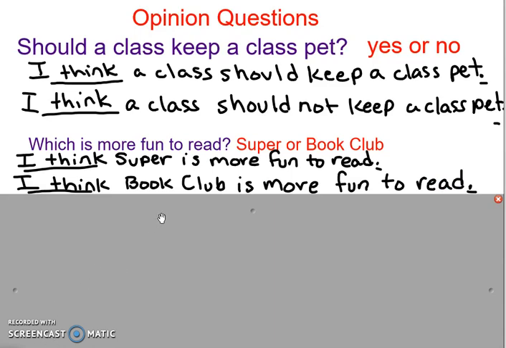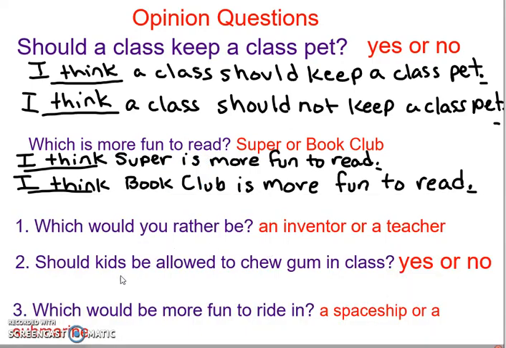So we're going to try turning a couple of questions into statements. So you need a blank piece of paper, and on your piece of paper you are going to write statements for each of these 3 questions to answer them. So your first question, which would you rather be, an inventor or a teacher?